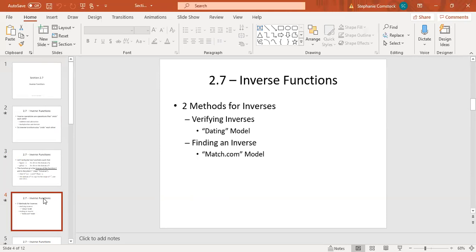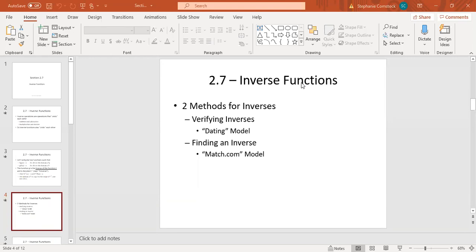We're going to sort out if they work well together or not. Now, we're cutthroat when it comes to this method in math. If it doesn't work out on the first round, they're not inverses of each other.